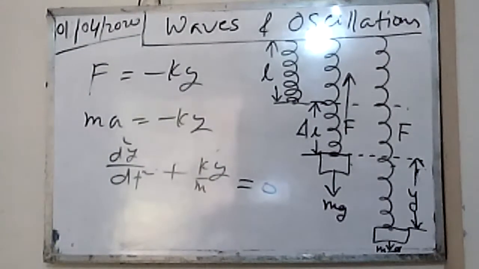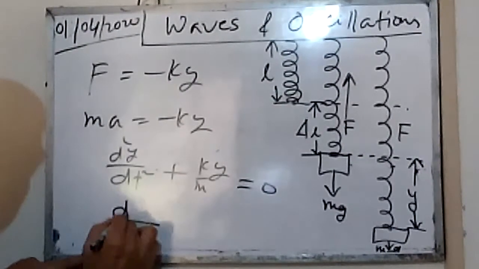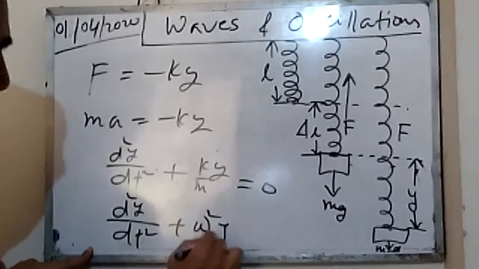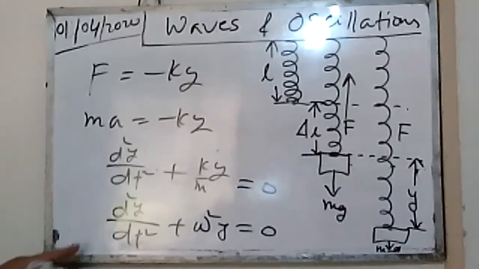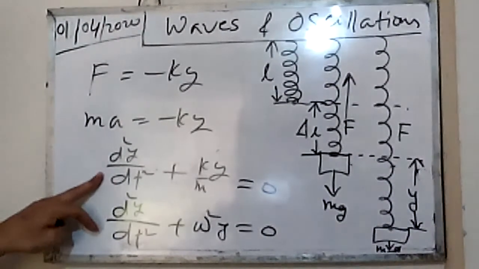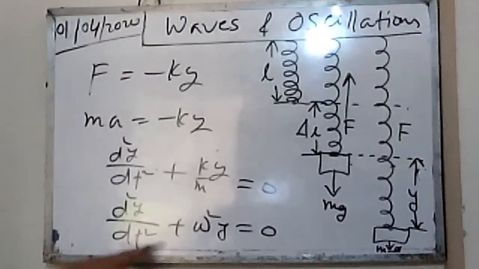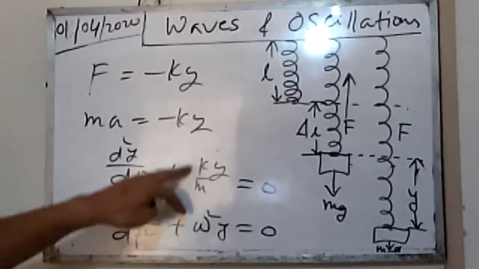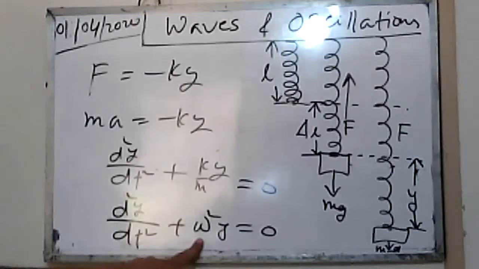And d square y by dt square plus omega square y equal to 0 is also the differential equation of simple harmonic motion, where k by m is equal to omega square.